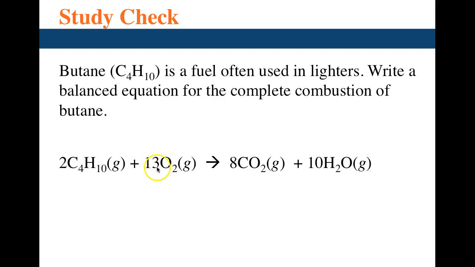You could put down the fractional number and then make it into a whole number by multiplying everything by 2. So then 2 butanes and then 6.5 times 2, that's 13 O2. And then the 4 CO2 becomes 8 CO2, 5 H2O becomes 10 H2O, and so on, right?